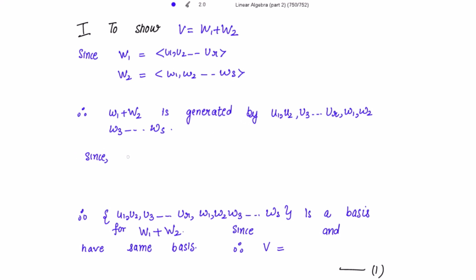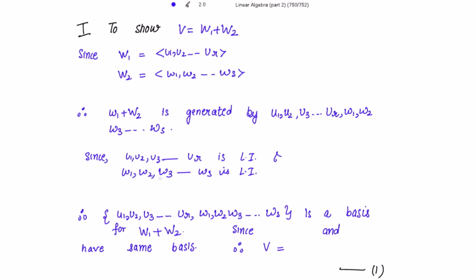And U1, U2, U3 up to UR is linearly independent because we have let that these are the basis for W1, which is a property of a basis.